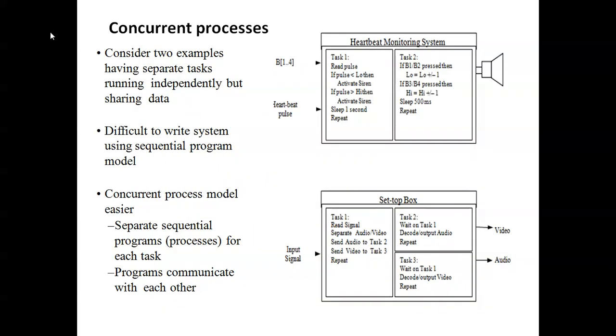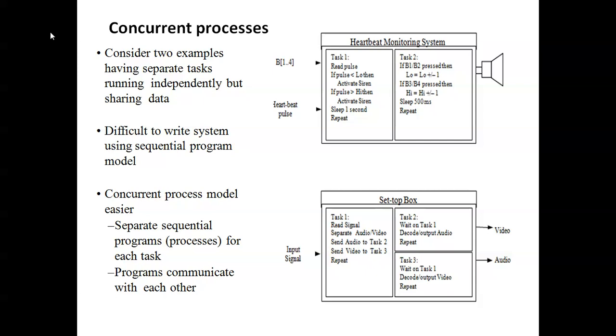Consider two examples, and then concurrent process. The concurrent process examples are a heartbeat monitoring system and a set-top box. A concurrent process has separate tasks running independently but sharing data. In the concurrent process there are two processes or two tasks, running independently but sharing the data.